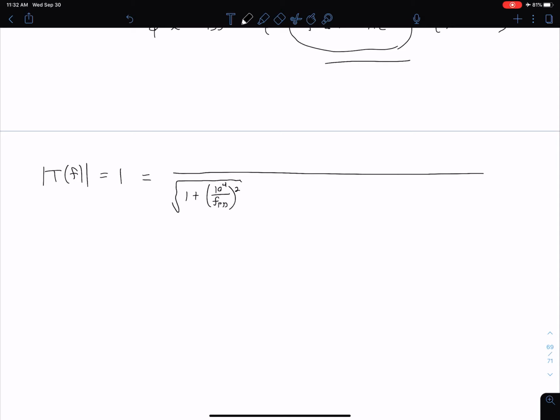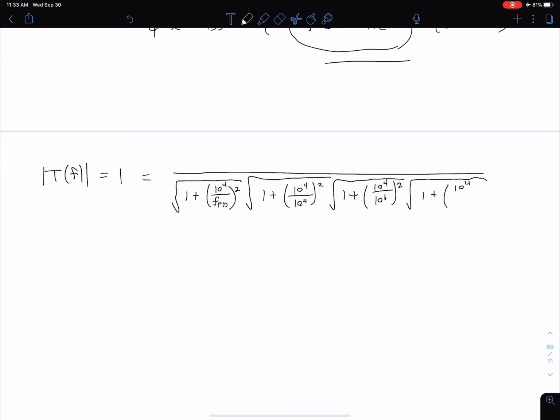Then we have a term for each of our original 3 poles, which we're assuming are unchanged: 1 plus 10 to the 4th divided by 10 to the 4th, quantity squared, and then 1 plus 10 to the 4th divided by 10 to the 6th, quantity squared, and for our third original pole, 10 to the 4th divided by 10 to the 8th, quantity squared. In the numerator, we just have the 1000.